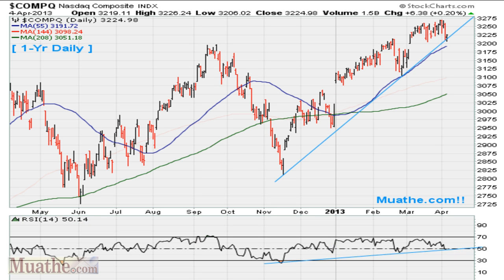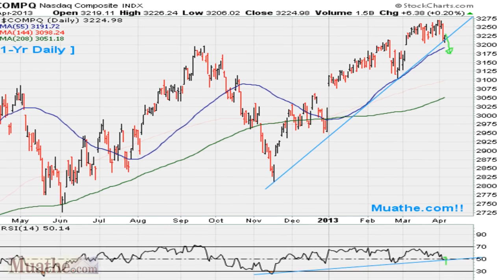So if you wanted to go short the market with the RSI at 50.14, you are anticipating that the market is going to slash below 50 and break the price trend to the upside. You're also anticipating that this was a trap, because now the market wants to break below 50 and break below the trend line.